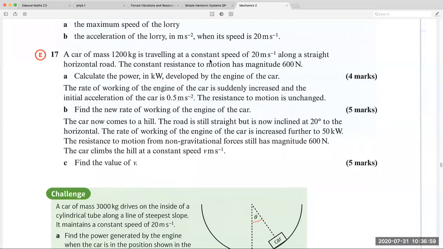Finish? I just don't know what to do after finding the new force outputted by the engine.